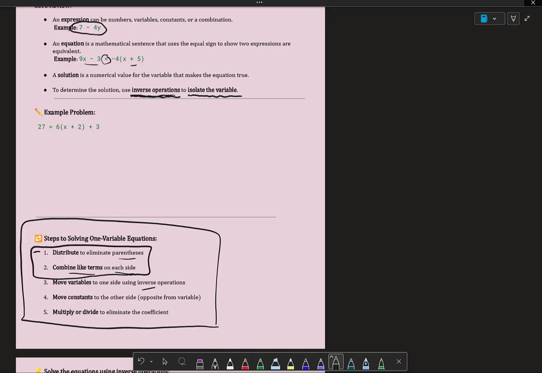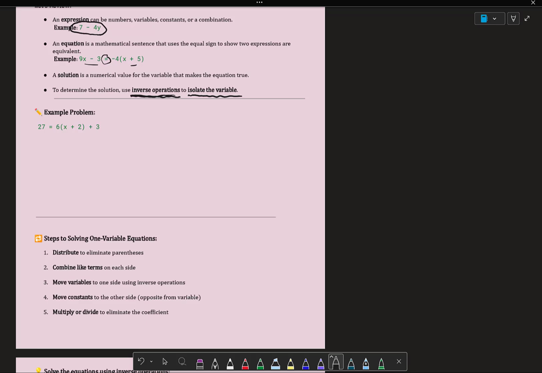But let's go and tackle this problem. 27 equals 6 multiplied by the quantity of x plus 2, all of that in the parentheses, and then a plus 3 tacked on at the end. So first step, we are going to distribute to eliminate parentheses. So we're going to take the 6 and multiply it by the 1x. 6 multiplied by 1x is just 6x. 6 multiplied by a positive 2 is positive 12.